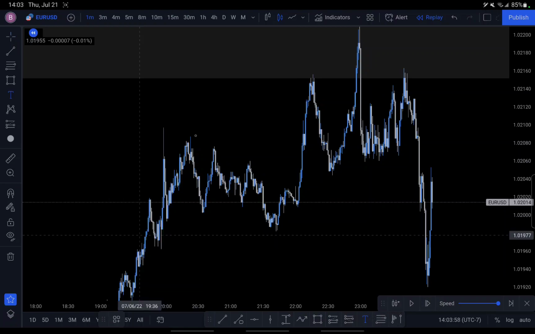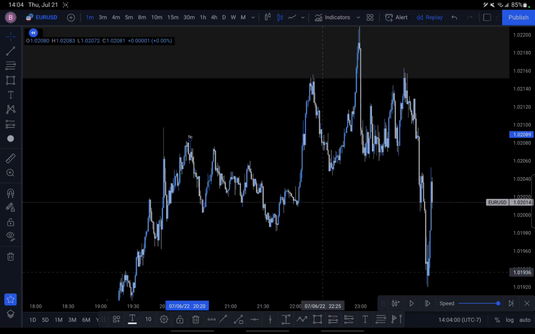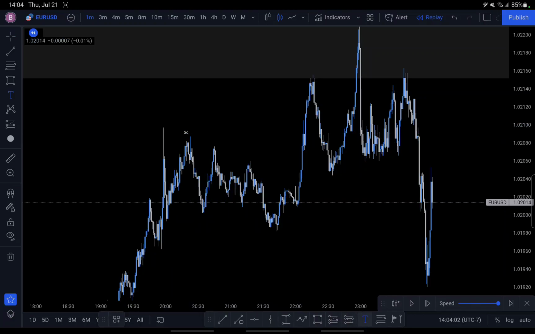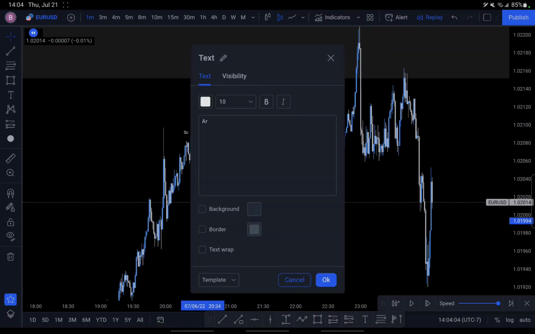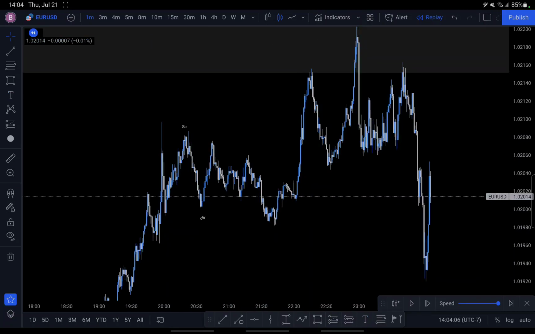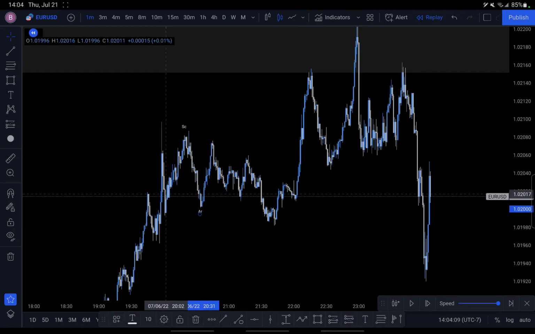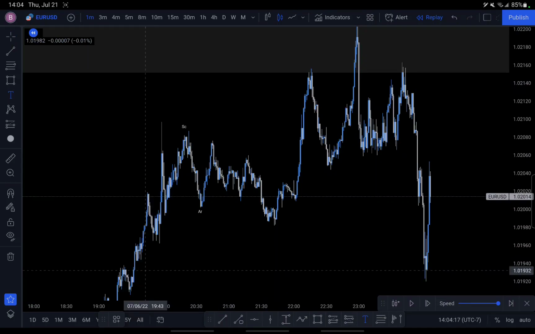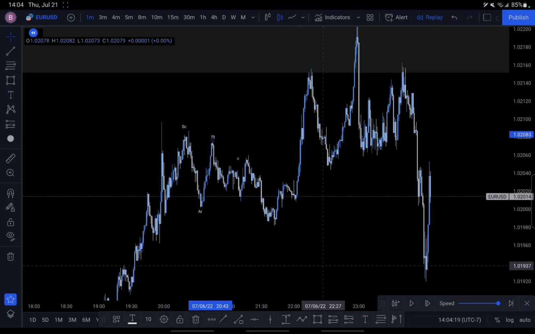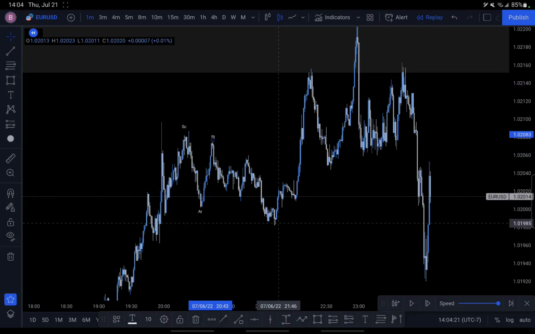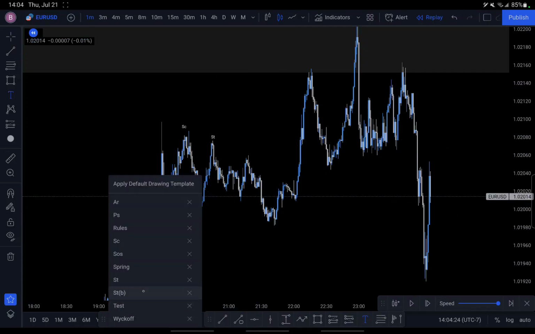So we have our buyer's climax, our AR. The AR tested demand here, brought price up, secondary test, tested supply in here. Okay, breakdown, our sign of weakness.